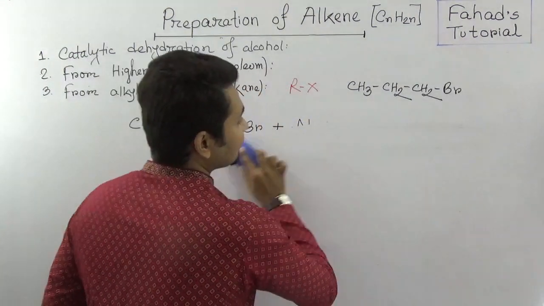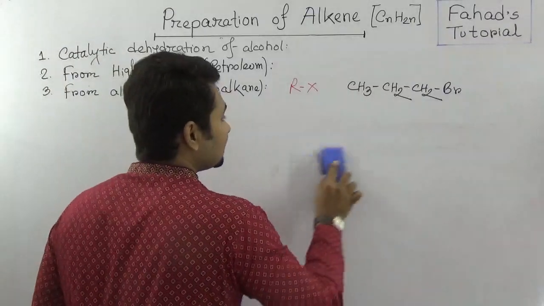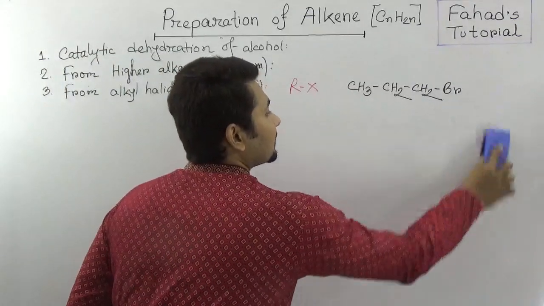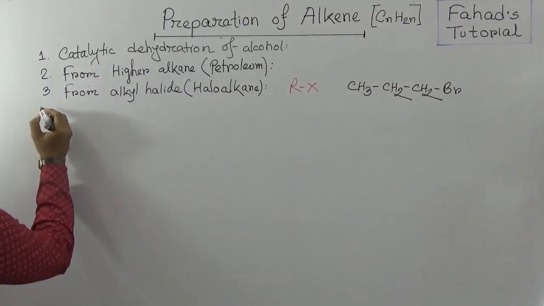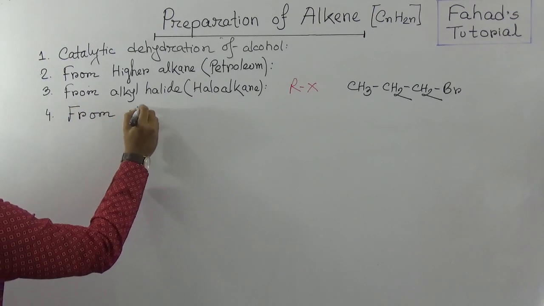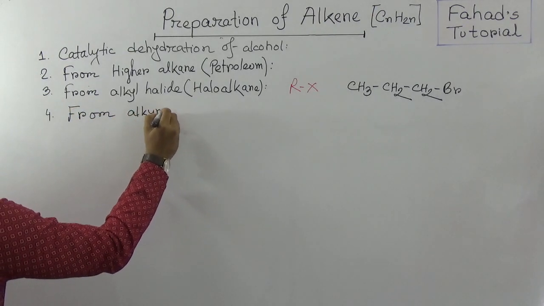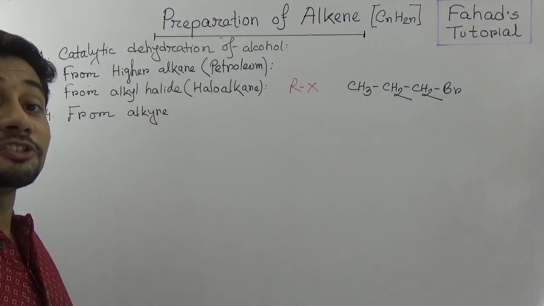And the fourth method is the production of alkene from alkyne. So we can also produce alkene from alkyne, but that should be corresponding.